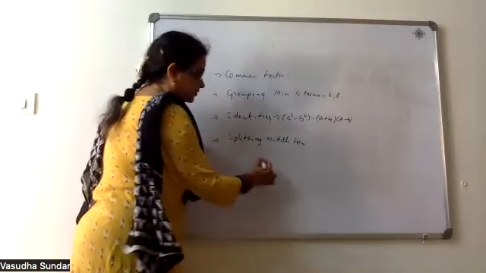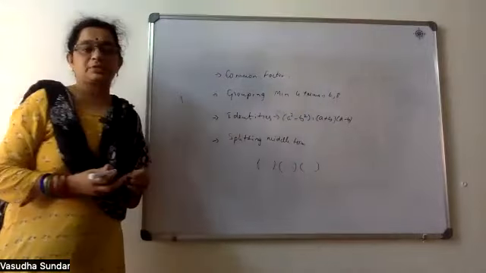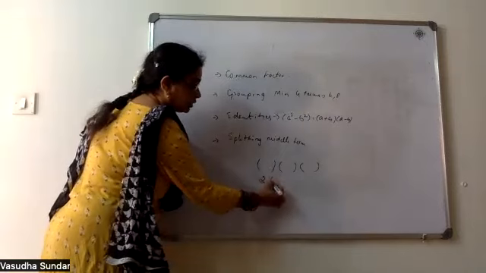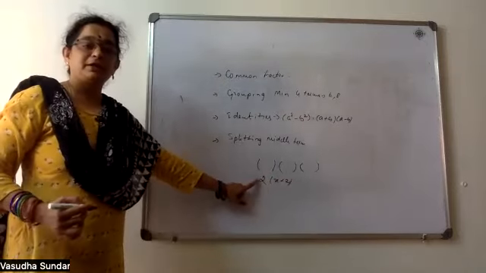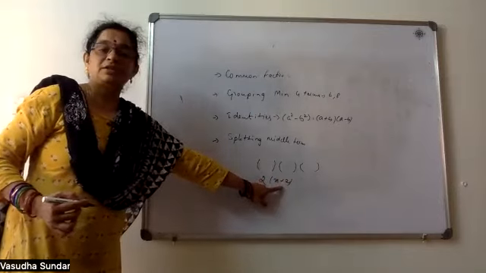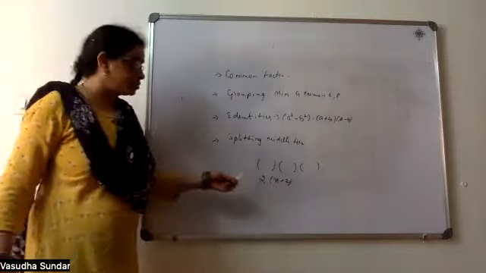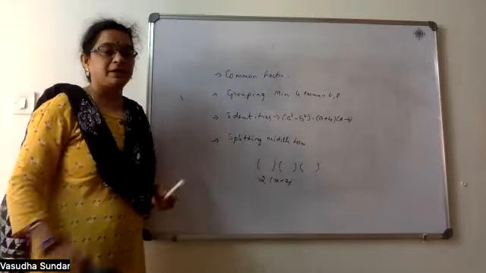And how do you express factorization? As a product of 2 or 3 expressions. Now this need not always be algebraic. It can be 2 into x plus 2. This is also a factorized form where one factor is 2, the other factor is x plus 2. So it's not necessary that all factors should be algebraic expressions. There can be a number and an algebraic expression.